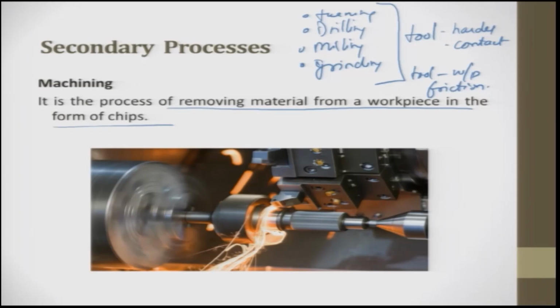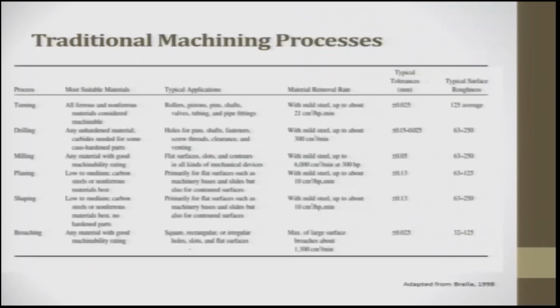If the temperature is very high and the material deforms, then the geometry whatever we try to retain will not be accurate. Here are some of the processes which I have just put in front of you. I have also said what the different materials are, what the different applications are; these are just a glimpse. Then what is the material removal rate?